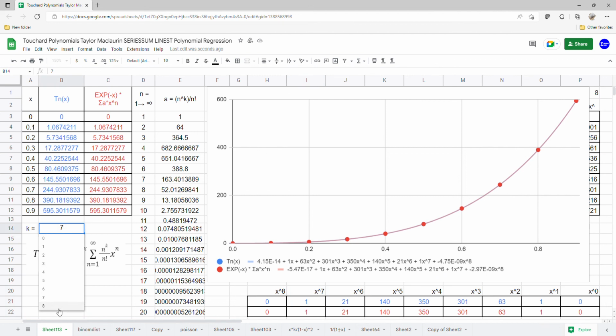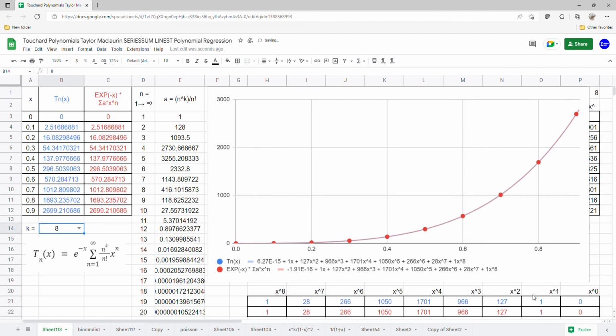And finally, k equals 8. So we have x plus 127x squared plus 966x cubed, 1701x to the 4th, 1050x to the 5th, 266x to the 6th, 28x to the 7th, and x to the 8.